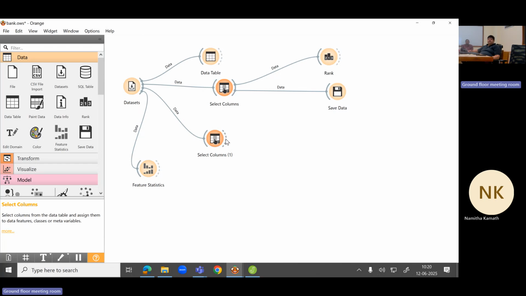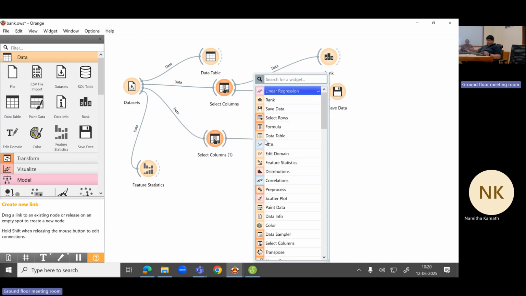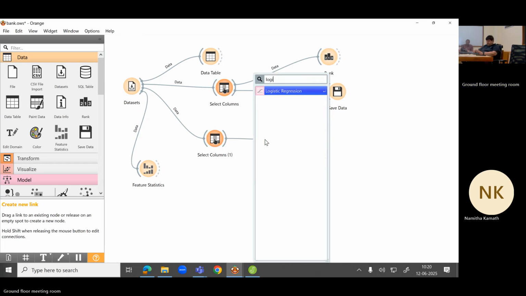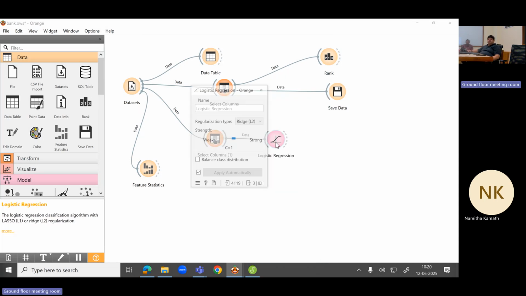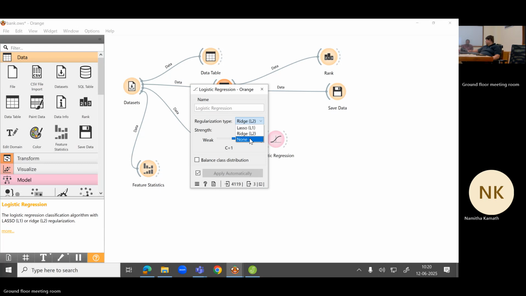First of all, let's start with the traditional approach, taking the complete data set and developing a model of logistic regression here. When you click on logistic regression, the regularization type, keep it none right now.